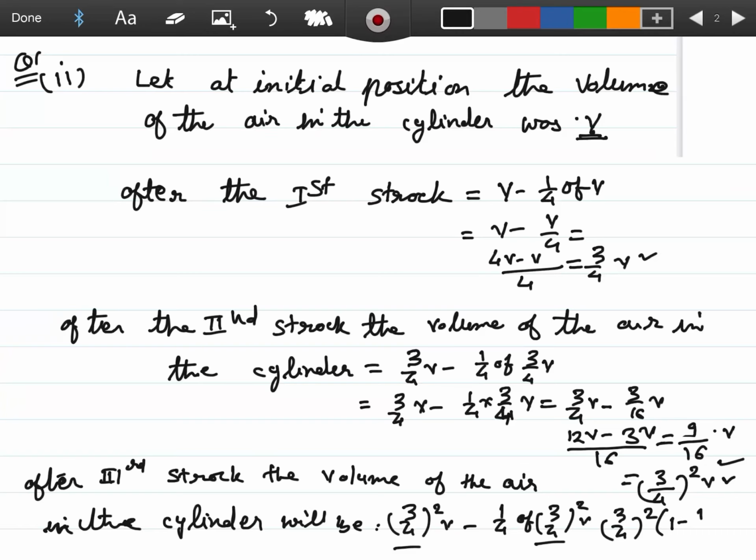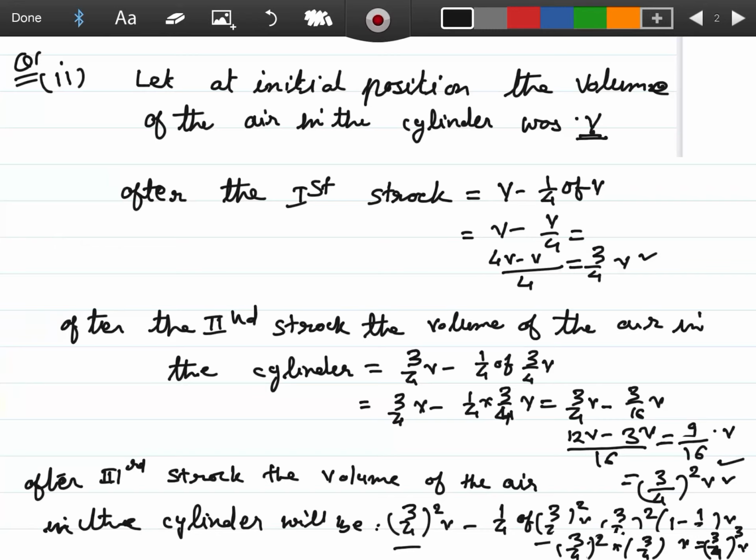It will remain 1 minus 1/4, that is 3/4 V, 3/4 square V into 3/4, that is 3/4 cube V. That means every time in the first step it was 3/4.